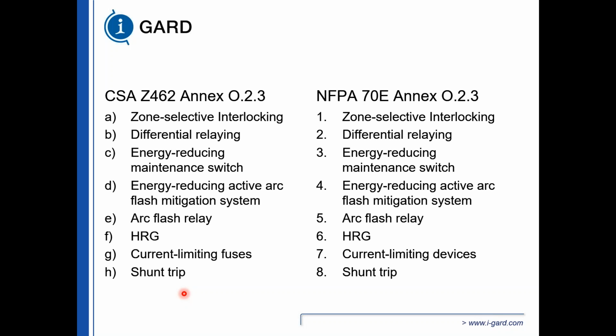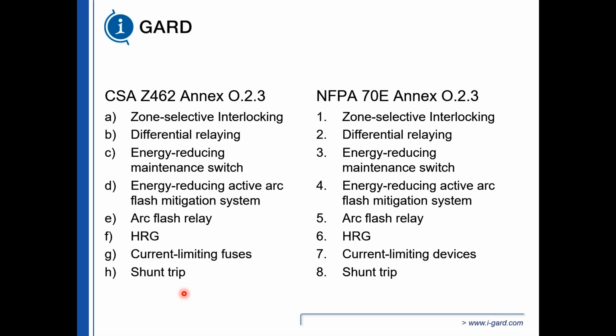Differential relaying is basically looking at a zone. So think of your main switchboard coming in. You measure the current coming in, you measure the current going out. If that is not equal to 0, then you have a fault inside that board, and we have to trip right away. That's really a good system because it's looking at a zone.